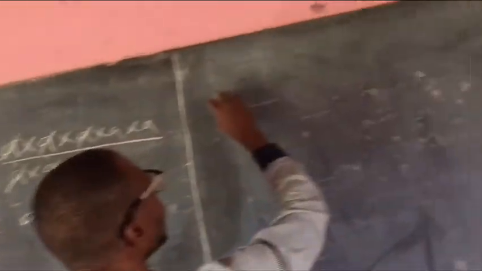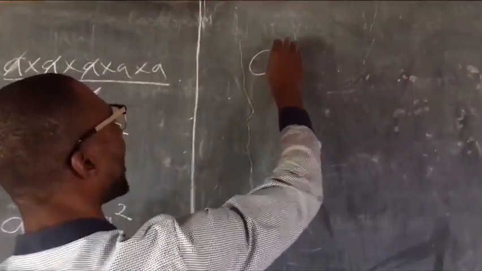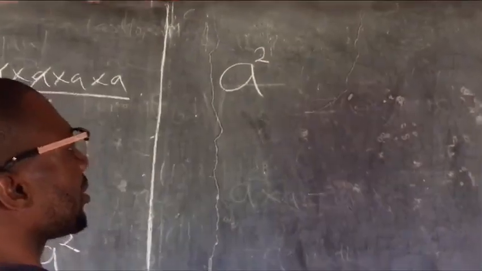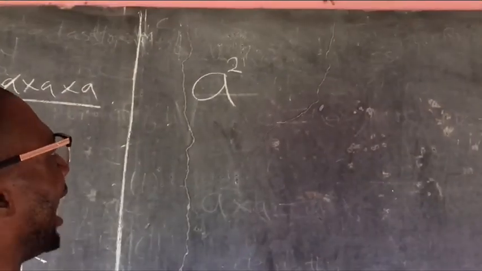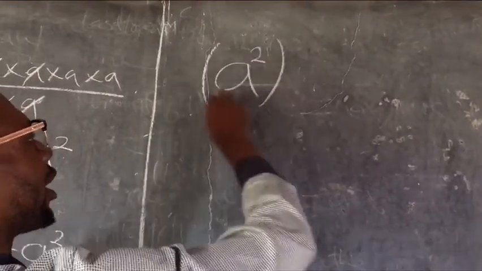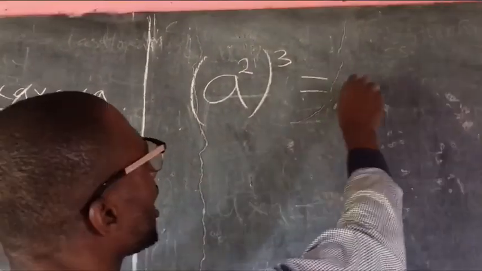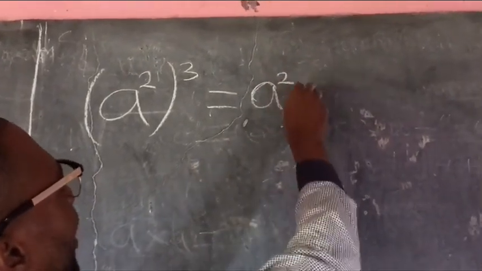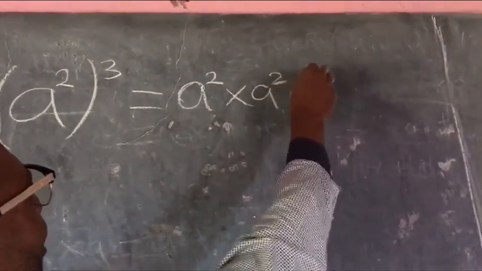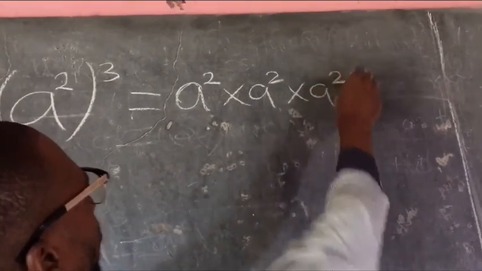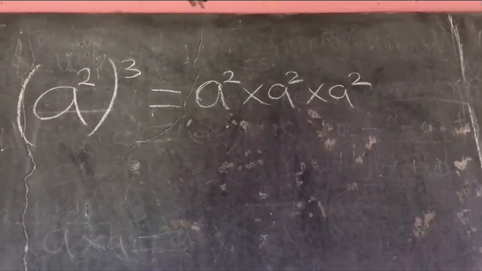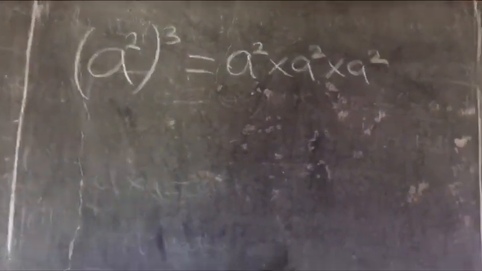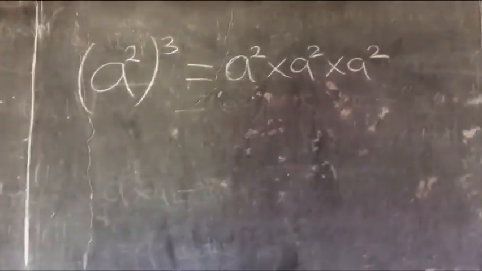This one says if I get a number raised to power 2 like this, and I want to raise it again to power 3, it means I get a raised to power 2 times a raised to power 2 times a raised to power 2, 3 times. Now what will that be?